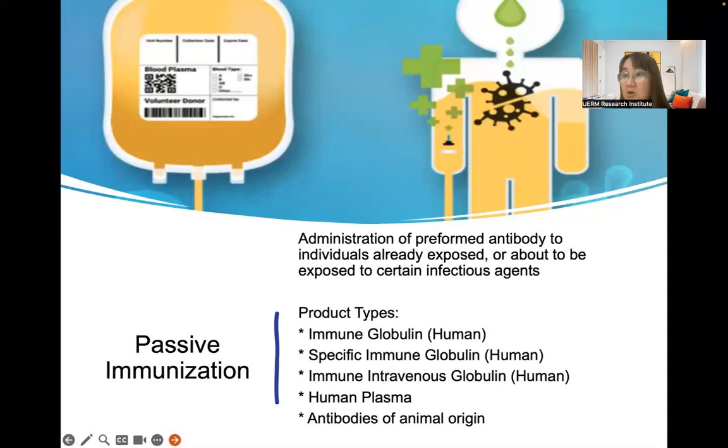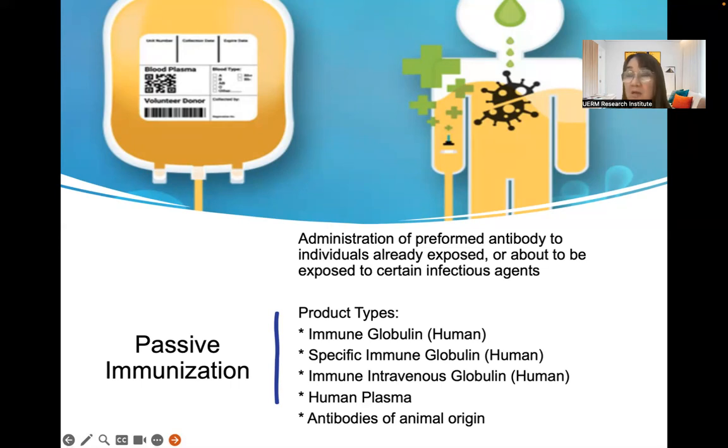Passive immunization and immunotherapy are particularly helpful for individuals who are immunocompromised and therefore cannot mount their own immune response. Passive immunization also works quickly, providing protection within hours or days, whereas vaccines can take weeks or months if boosting or more than one injection is required.